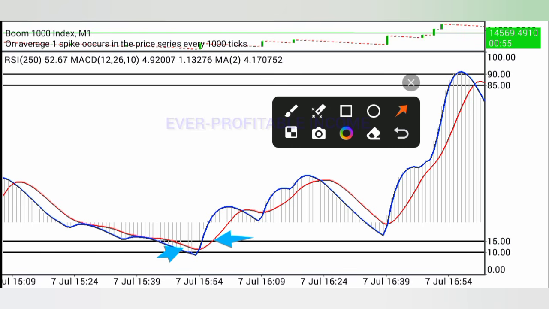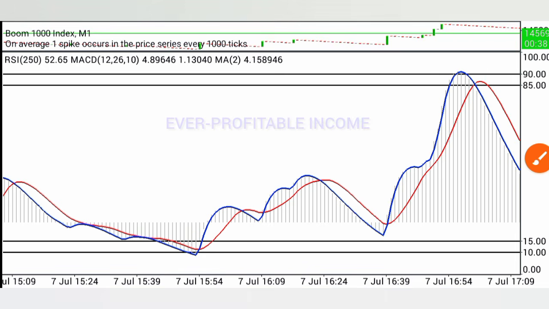So when you see this happening, and then you see this interception right here, can you see the interception between the moving average and the MACD? When that interception happens, that is when you will hop into this trade.